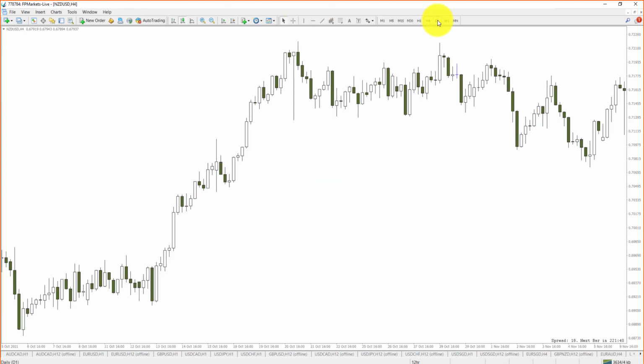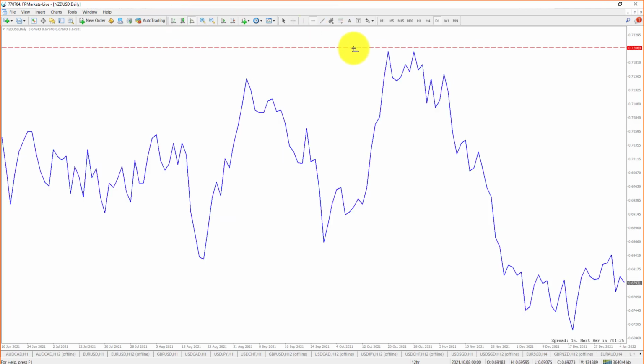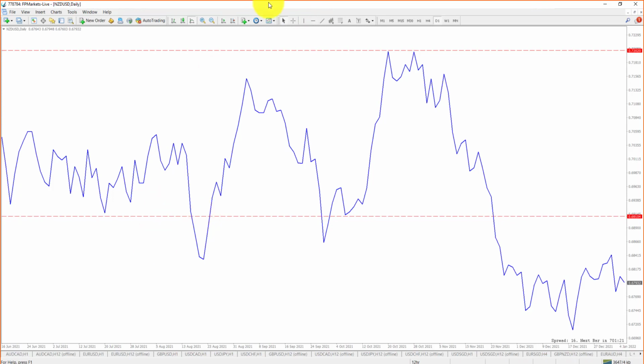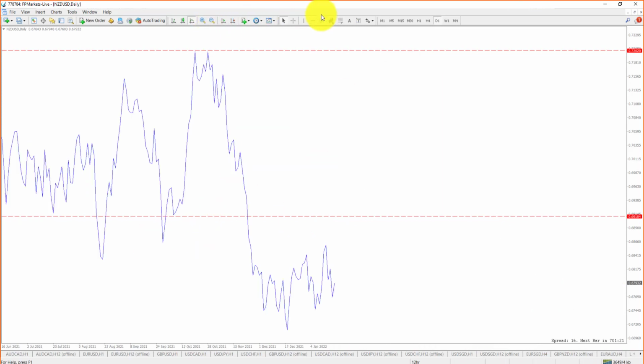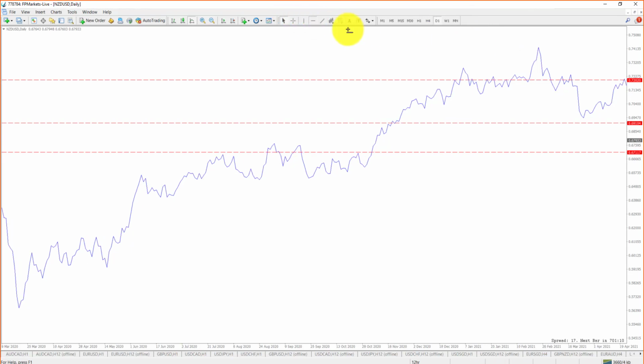So really what I want to do is draw in my support and resistance based on my line chart. I'm just going to draw my horizontal support resistance. I'm going to back this up, make sure I'm very clear on where my support and where my resistance is here. And then we can look for spots.